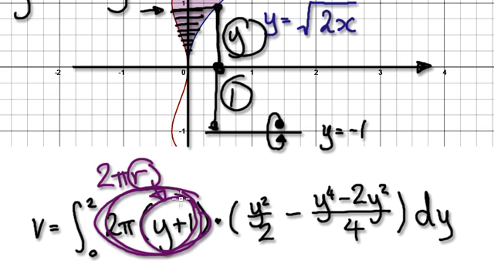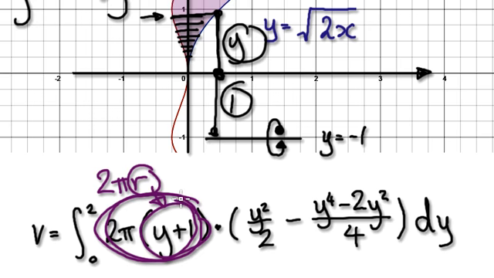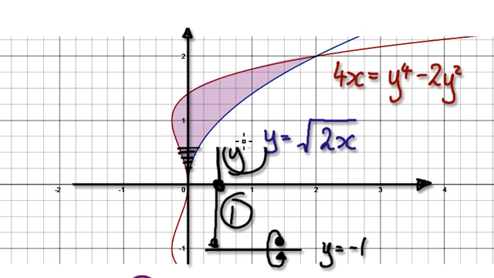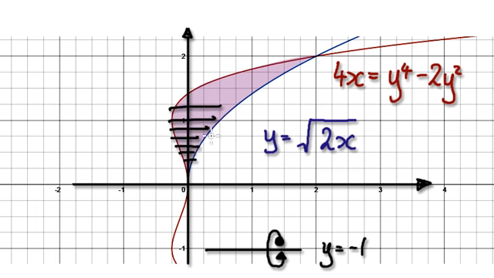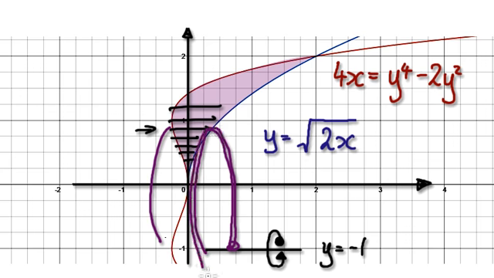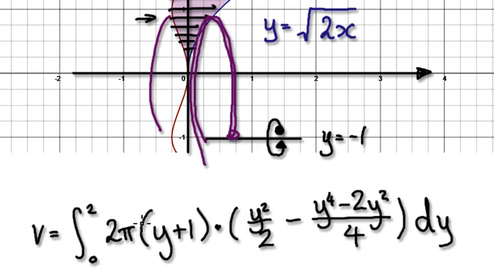Okay, and then once we've got the circumference, we're summing up all the cylinders. So let's just look at this one particular cylinder here. It will have a radius and a circumference looking something like this. We now have the circumference, which is given by this.